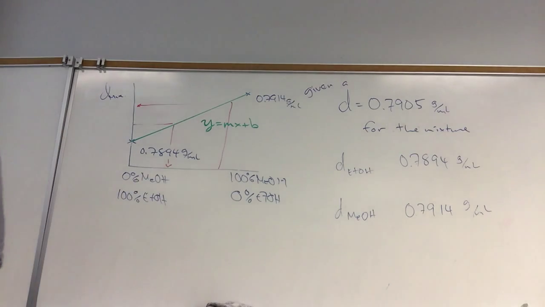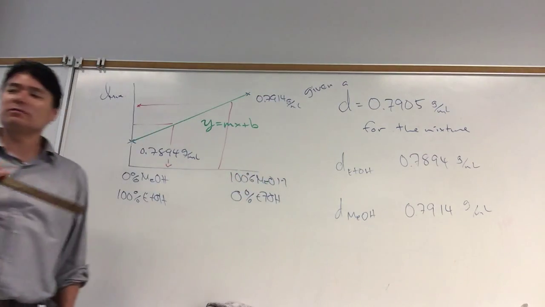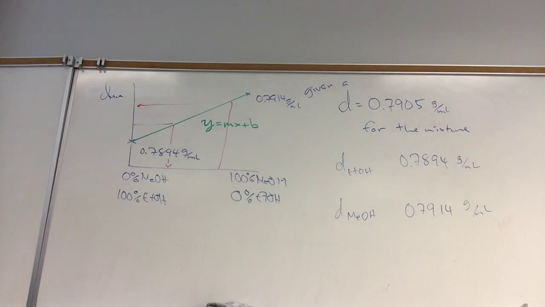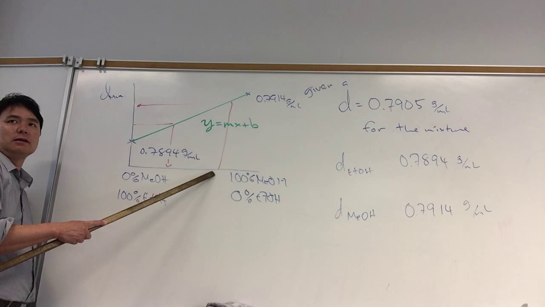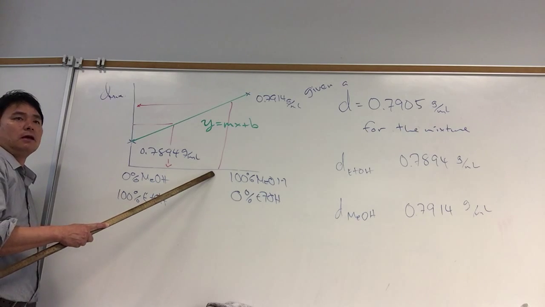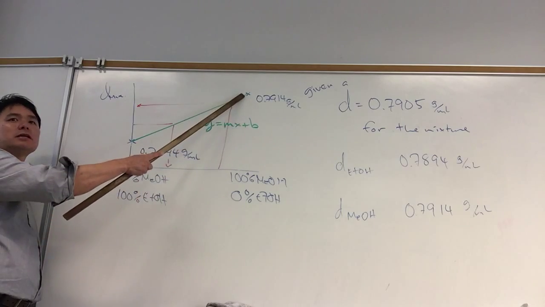Somebody remind me. I said it once. You think it's closer to the density of methanol? Well, that could be one reason, but there was another reason I picked methanol for the x-axis. Does somebody have that? It was because methanol had a bigger or higher density.